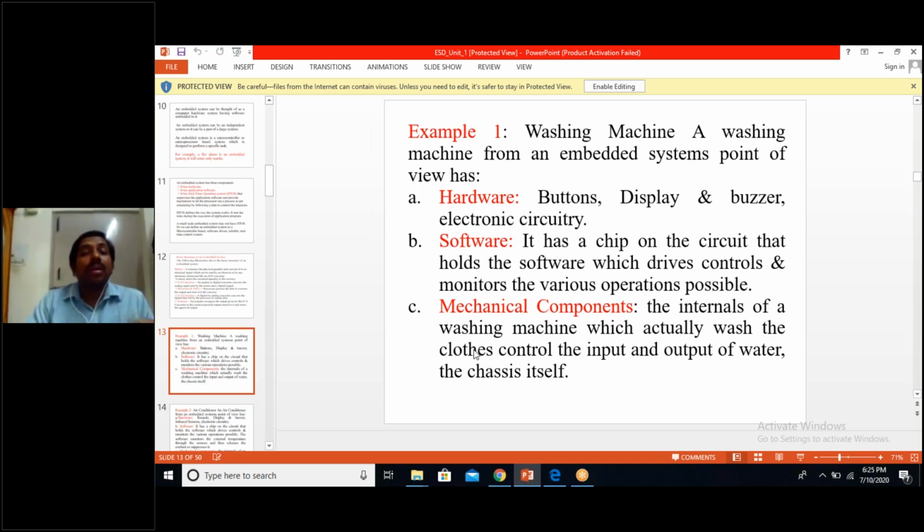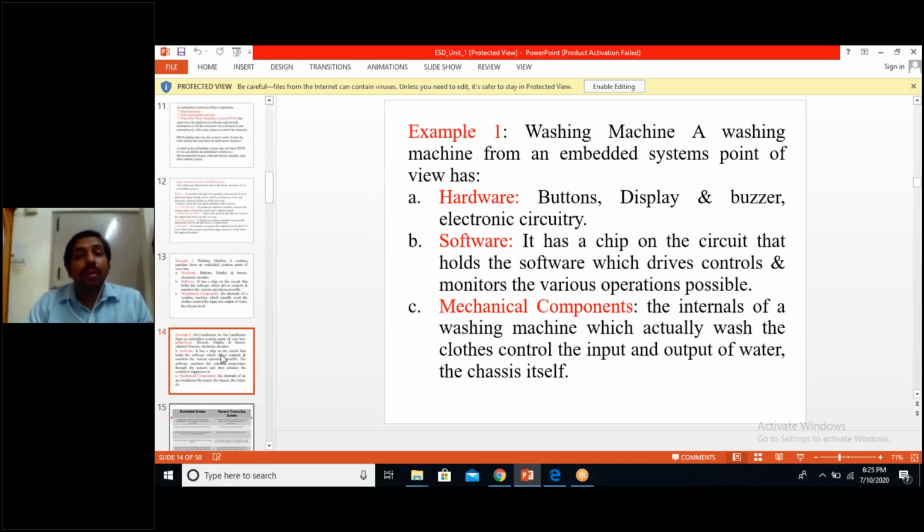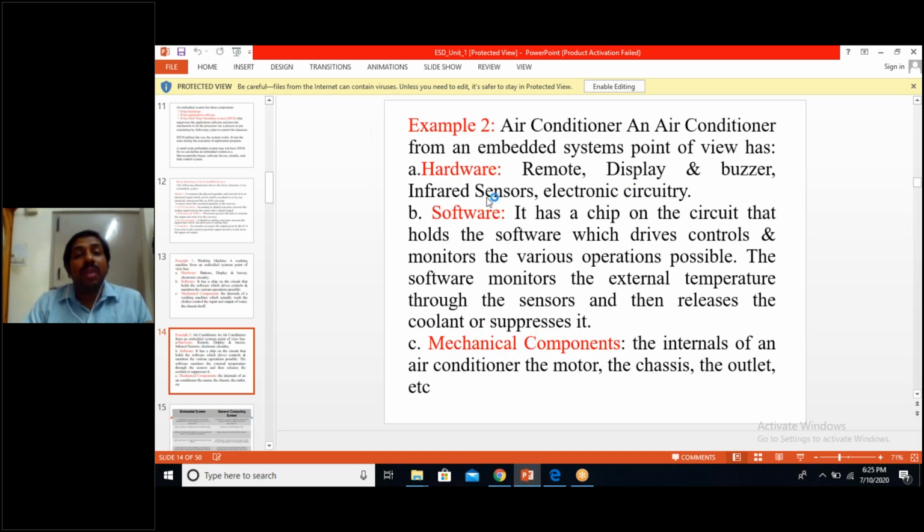The mechanical components are internal to the washing machine. It consists of the place where the clothes are washed, and it is controlling the input, output, and also the chassis.